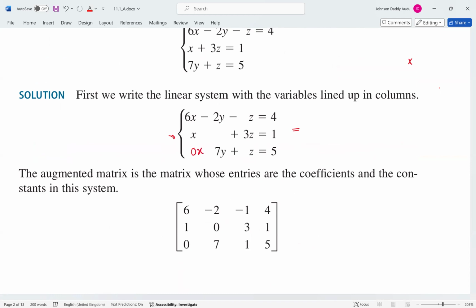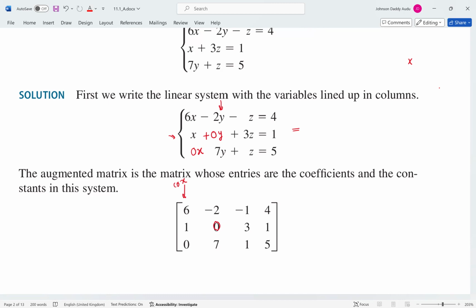That is why you see 0 here. Now for the coefficient of y, here it is 0, but you can write this as 0y. So the coefficient of y in the second equation is 0. That is why you have it here.